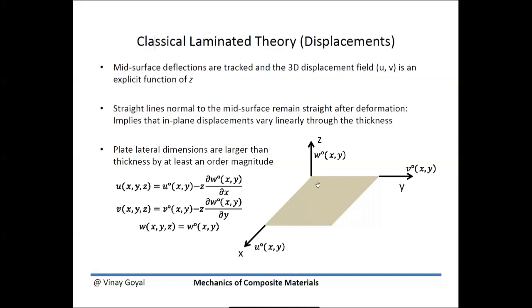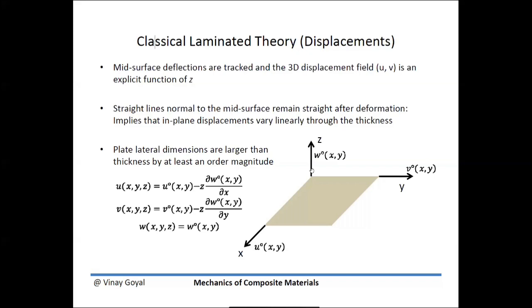So if I look at z equals 0, I recover the deflections at the mid surface. This mid surface is at z equals 0. But if I look towards the top or bottom of the plate, assuming that the plate thickness is h, then z equals h half is the top surface of the plate, and z equals minus h half is the bottom surface.